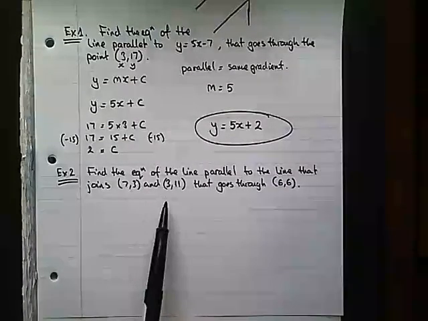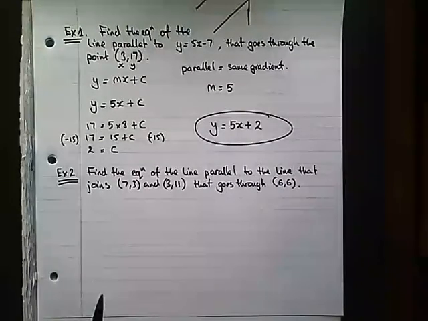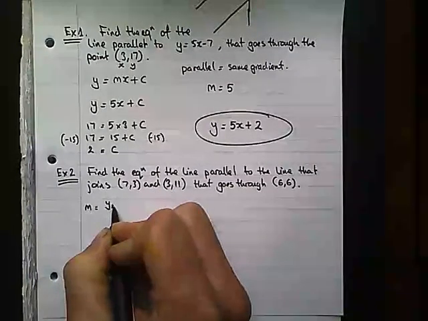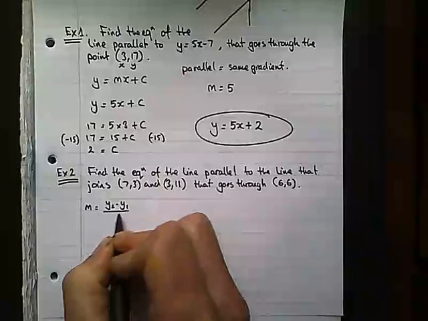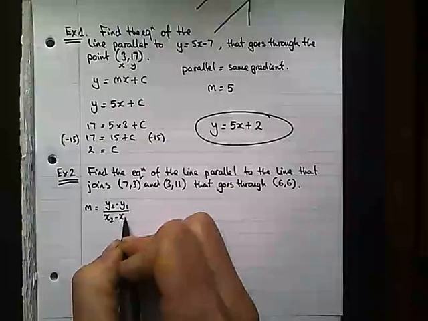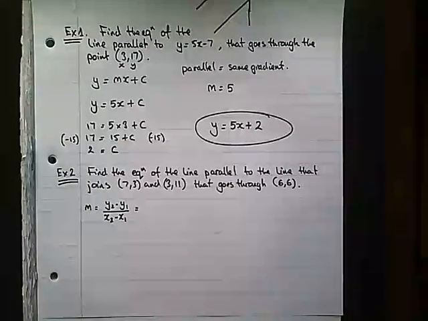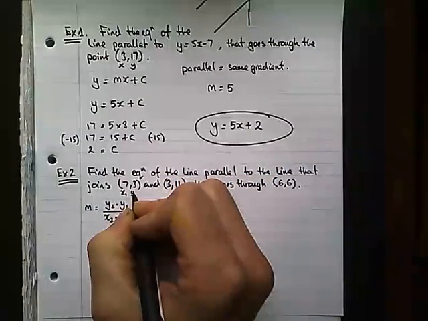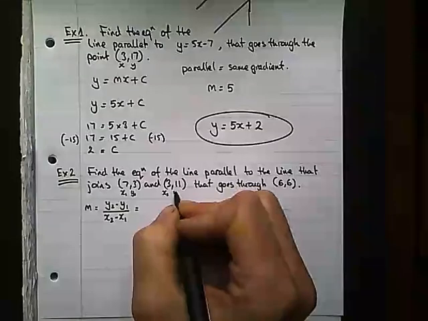So let's go back and remember how we work out the equation of a line between 2 points. First of all, we work out the gradient. So m equals y2 minus y1 over x2 minus x1. So let's label these. So we've got x1, y1, x2, y2.